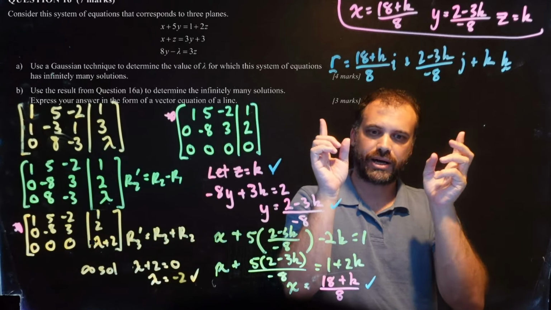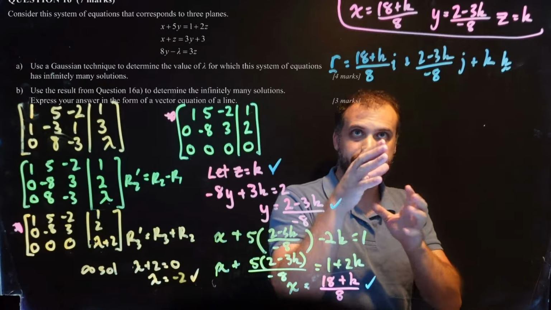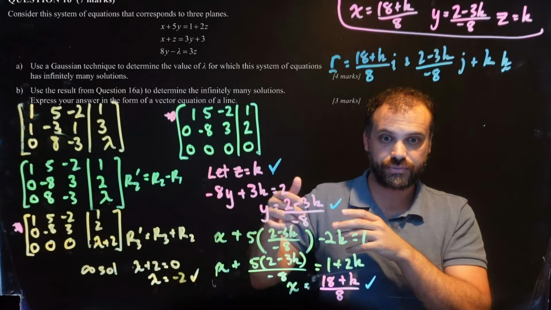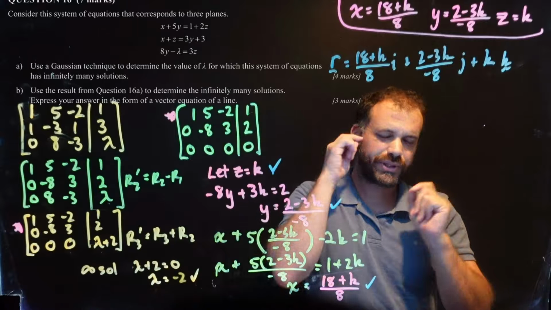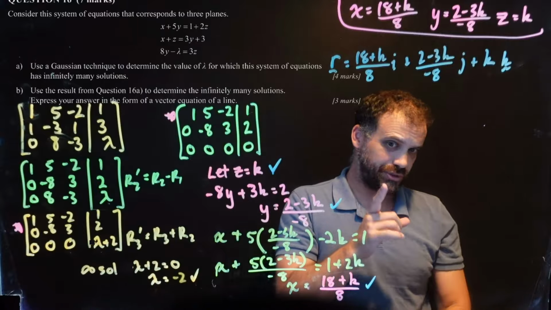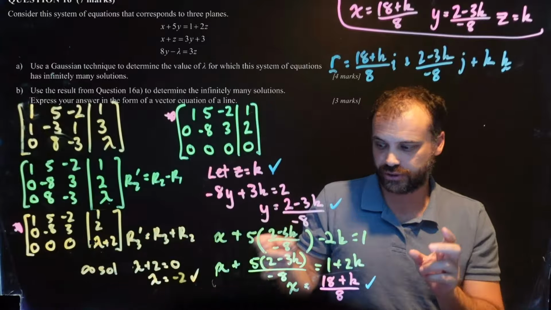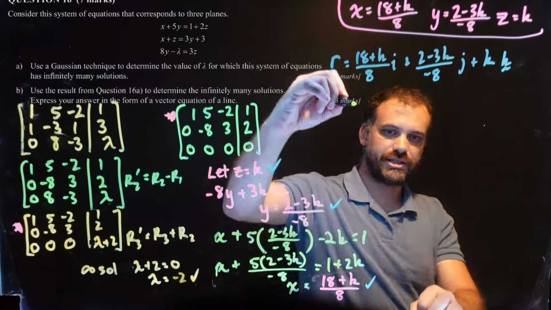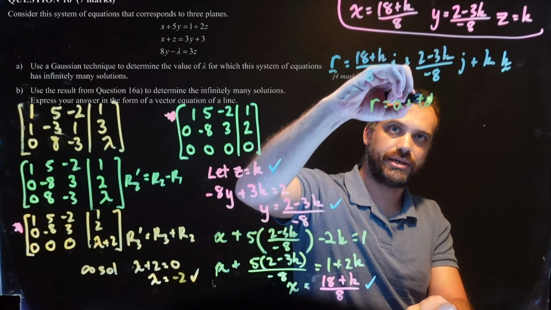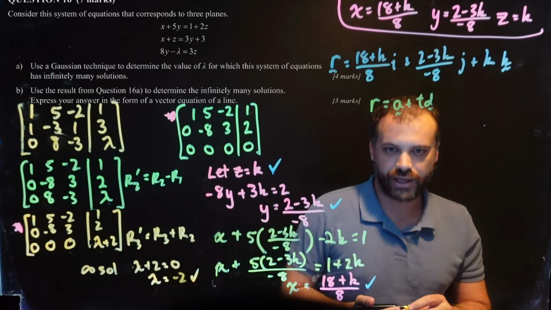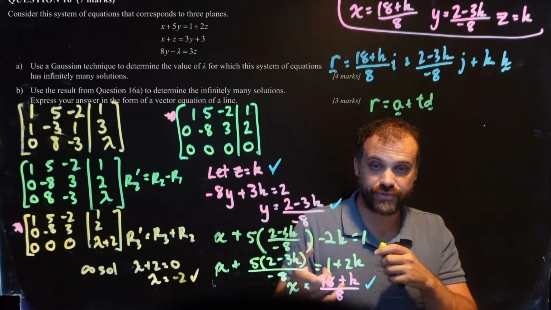I'm not sure how the QCAA would feel about us leaving it like this. An argument could be made that this is the vector equation of the line, right? Because I can sub in k values and it'll give me coordinates with i, j, and k components. It's probably not what they mean. It's not what their solution looks like. So in order for us to have a vector equation of a line, it's generally considered good manners for it to be in the form a plus td, where a is just some point and d is the direction that it's moving in.